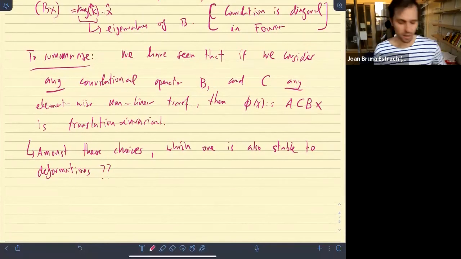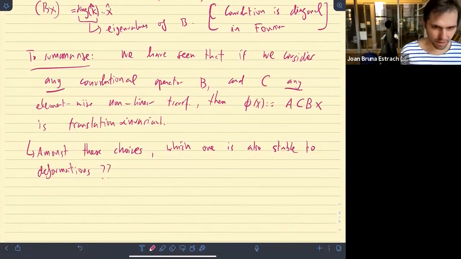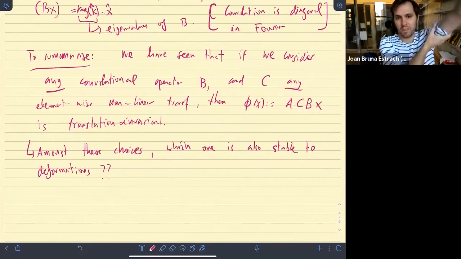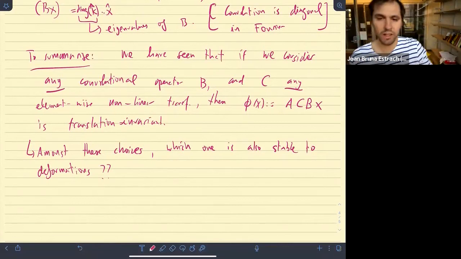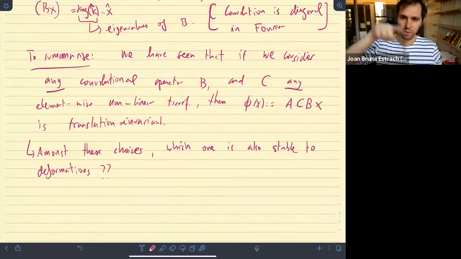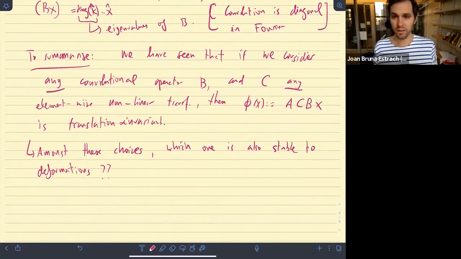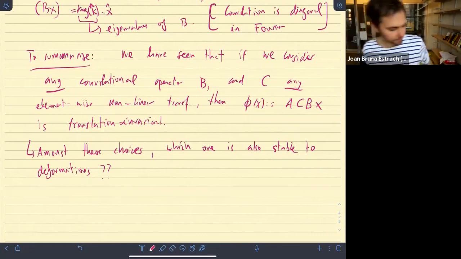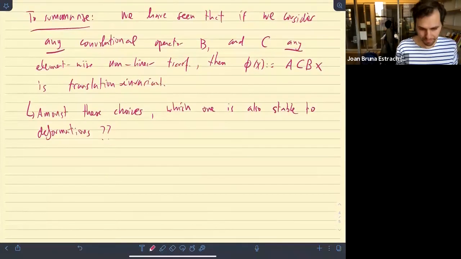The really large choice is the choice of convolution operator. The class of filters is much larger than the class of scalar functions. An element-wise nonlinearity is just an activation function, a function from R to R. But the space of all possible kernels is defined in a larger space. So this is the big choice. Which one is going to give me the stability?